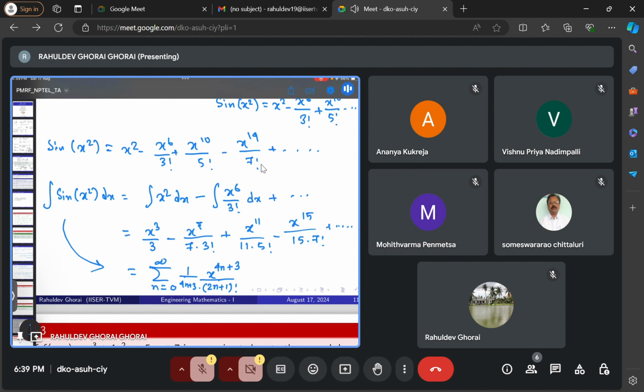If we put n equal to 0, the first term will be x cube over 3, and the alternating sign will be minus 1 whole to the power n. So when n equal to 1, it is now fully correct, right? Just check it, is it okay?